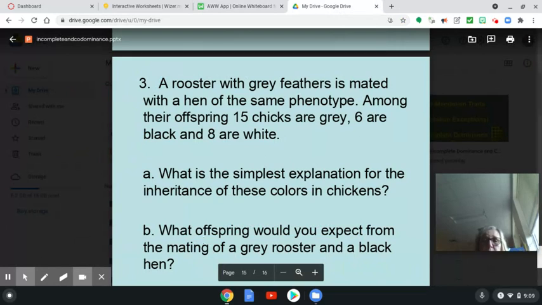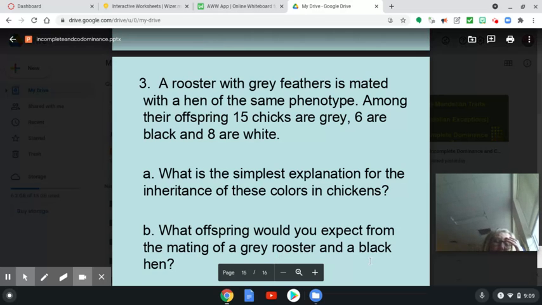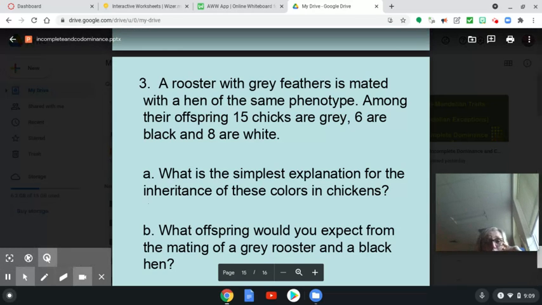Okay. If you cross a gray rooster and a black hen, you're going to have black and gray. Okay. Next.